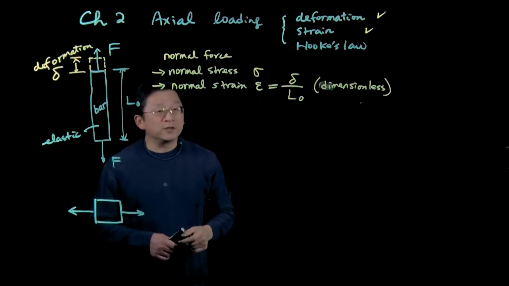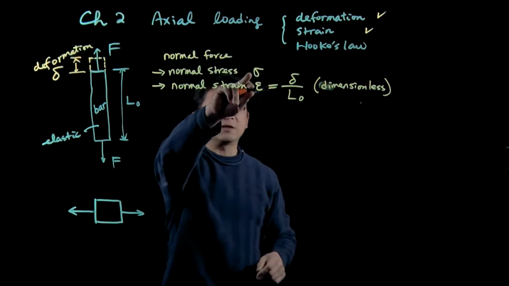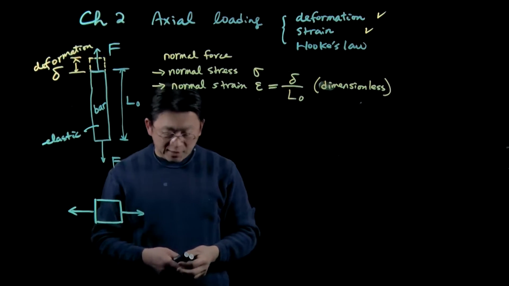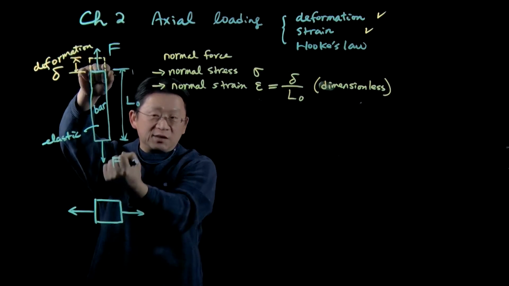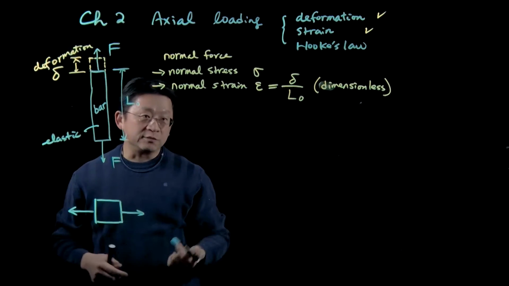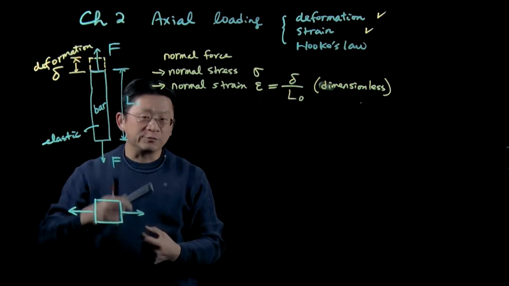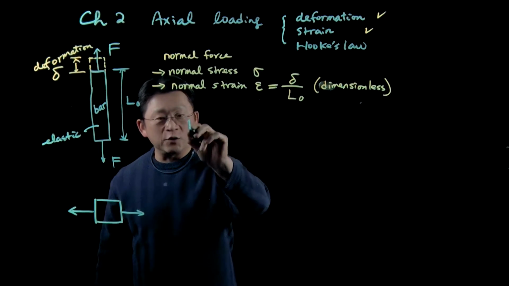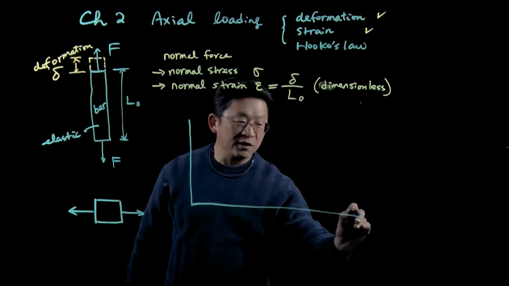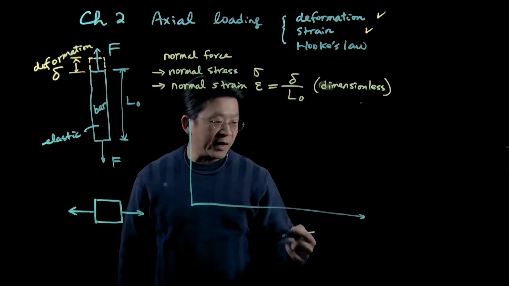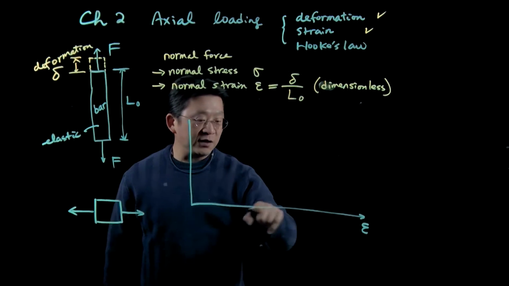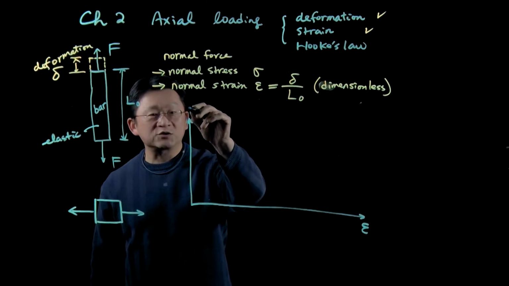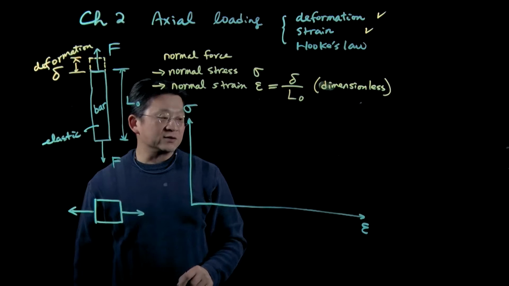Now we have defined the stress and defined the strain. This material is under mechanical loading in a certain stretching machine. During the loading, we can record with the machine's software, and we put the strain in the horizontal direction and the stress in the vertical direction.